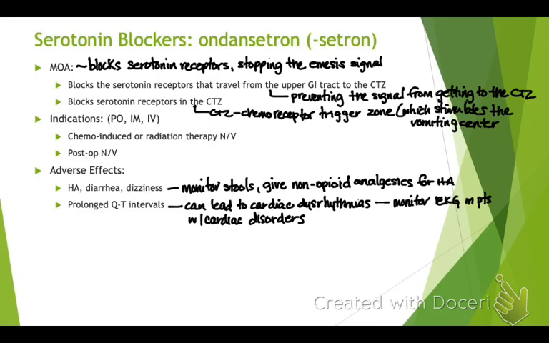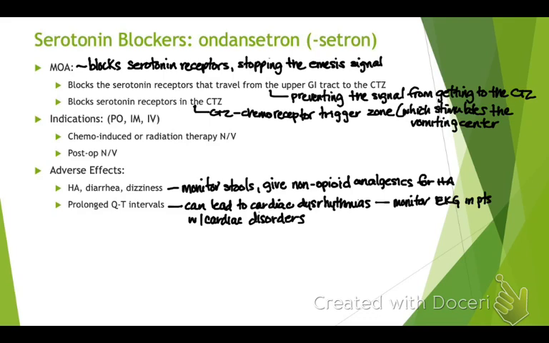It blocks serotonin receptors that travel from the upper GI tract to the chemoreceptor trigger zone. It prevents the signal from getting to the CTZ and blocks the serotonin receptors in the CTZ. Remember, the CTZ is your chemoreceptor trigger zone, which is what stimulates the vomiting center.